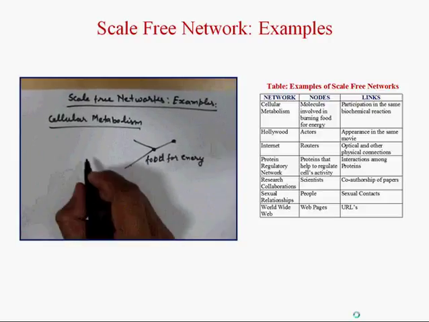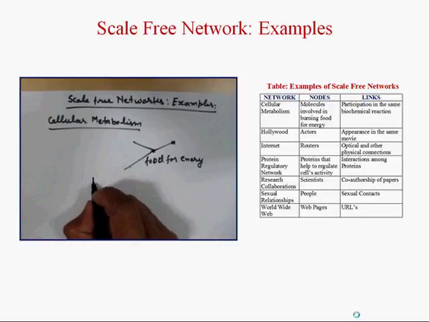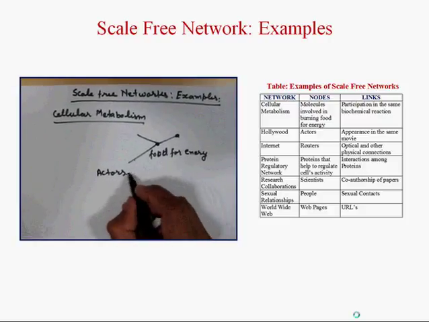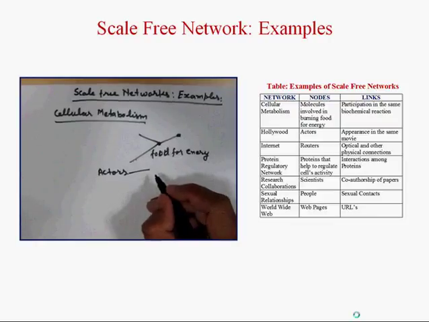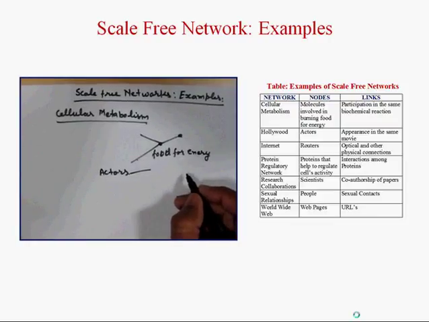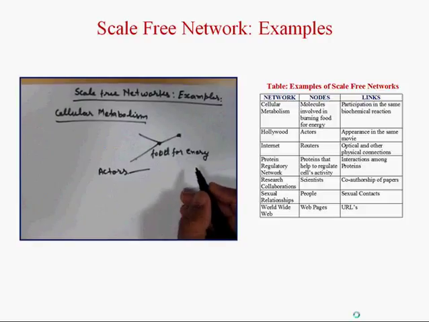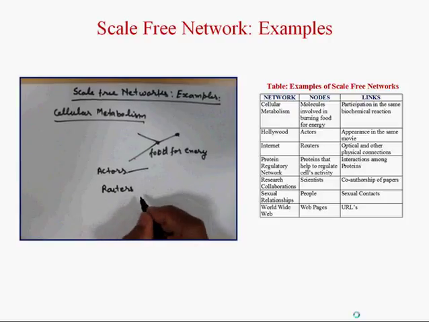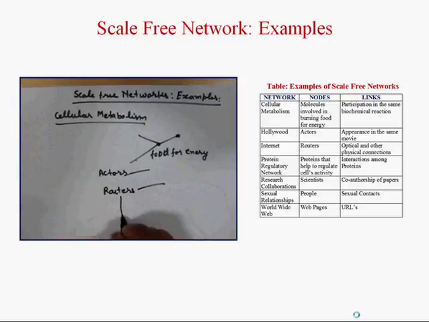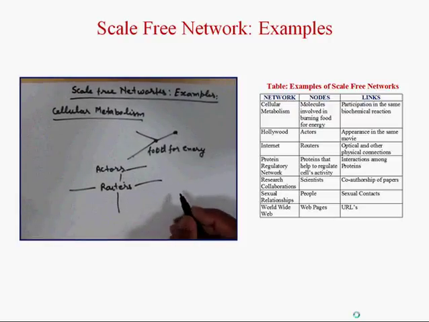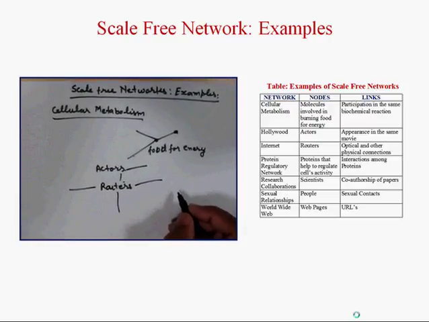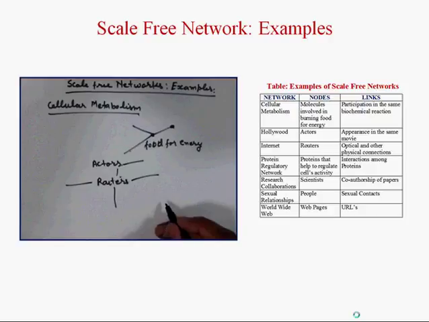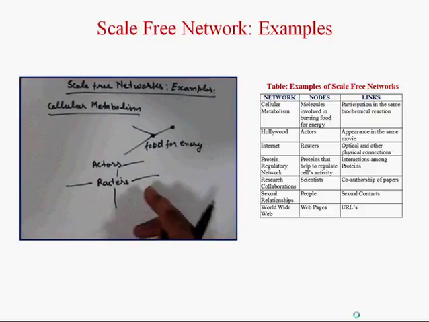In the Hollywood network, actors behave like nodes, and links represent their appearance in the same movie. Similarly, in the internet, routers represent the nodes, and optical and other physical connections represent the links. In the protein regulatory network, the proteins that help to regulate cell activity represent the nodes, and interaction among proteins creates the links.